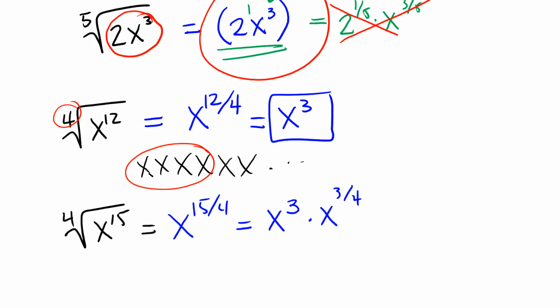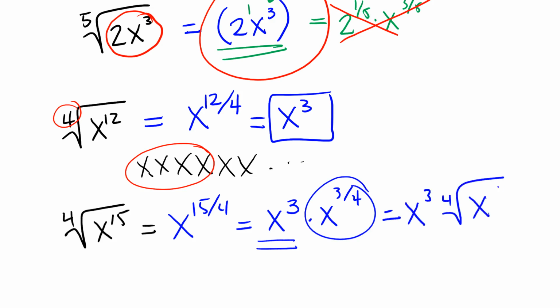So if you rewrite this as a mixed number, we now have the number that are going to come out evenly, and then this piece we can rewrite back as a radical. It's the same exact answer you would have gotten had you done all the simplifying we did before, thinking about how many groups we can pull out.